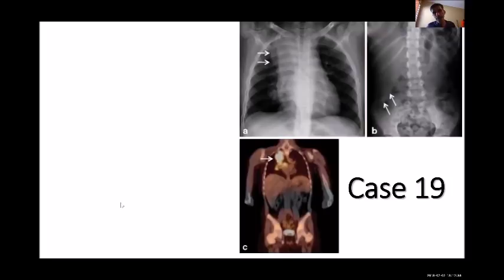Can somebody describe to me? There are arrows to help you. Opacity in the upper lobe of the right lung. Yes, there is opacity in here, you're right.